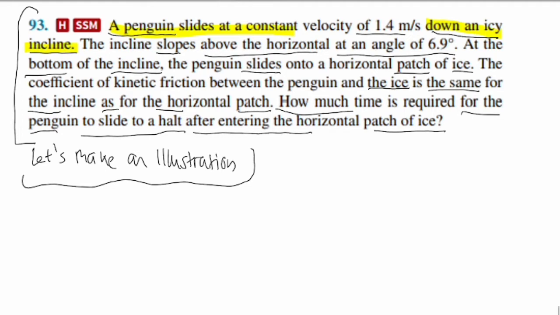So the illustration looks like this. This is the initial position, and this is the position before the penguin slides onto a horizontal patch of ice. Let's say the initial position is A, and this is B, and the horizontal patch after B goes to C.